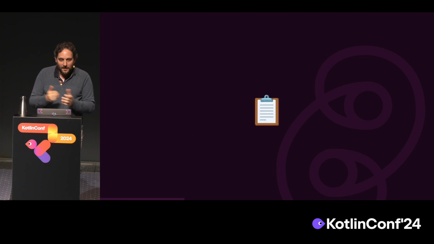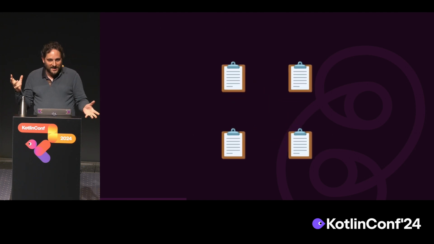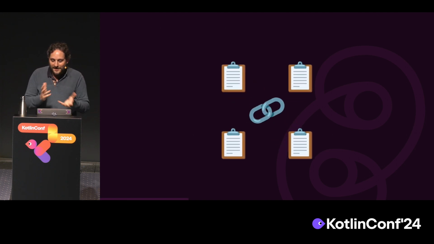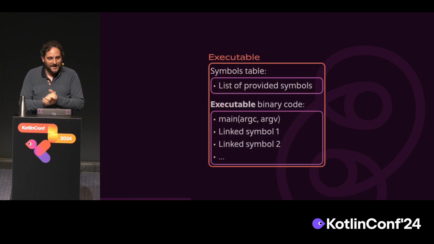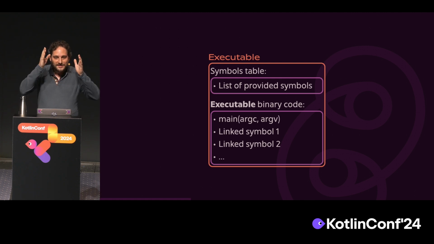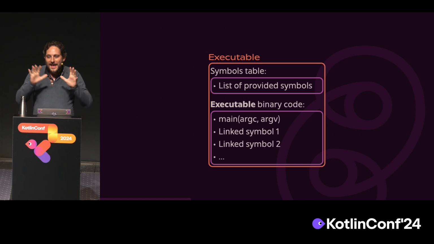So if you have such a table, you could have multiple compiled objects, and when you link them, you get an executable. An executable is the same thing except that it doesn't have external symbols. Everything it needs to run is inside the executable. Yes, I know this is a very high abstraction. It's not entirely true, but it's sufficient to understand the difference between static and dynamic. An executable is a list of symbols that are linked together with a main function so that you can start the executable.